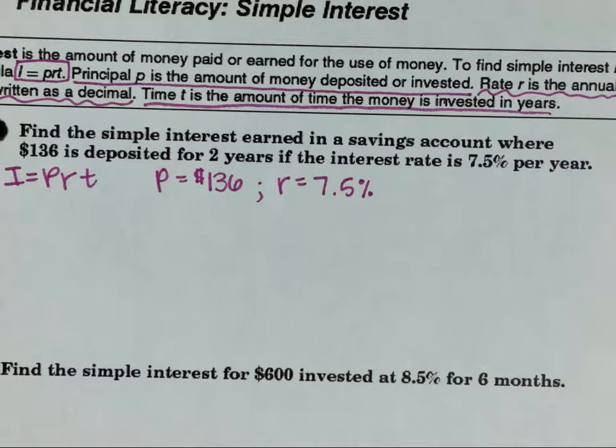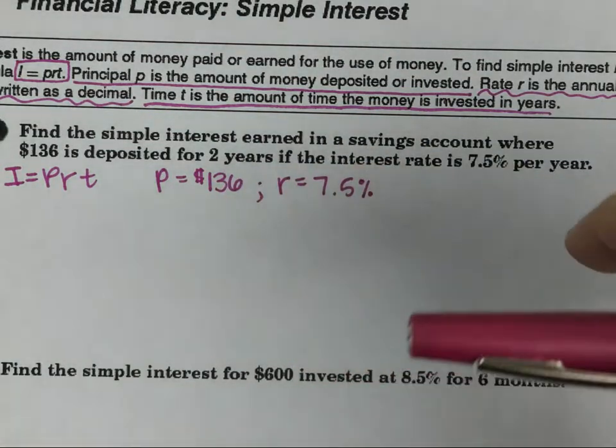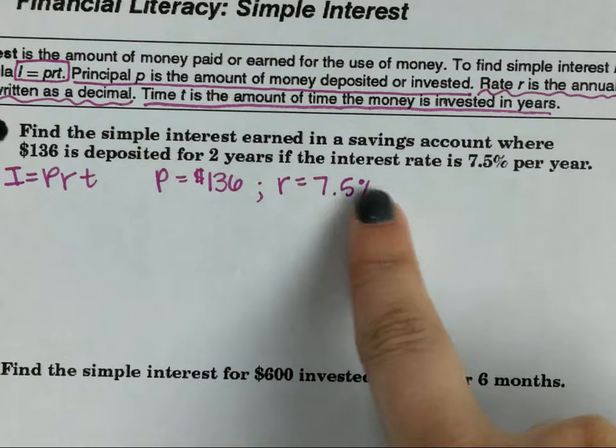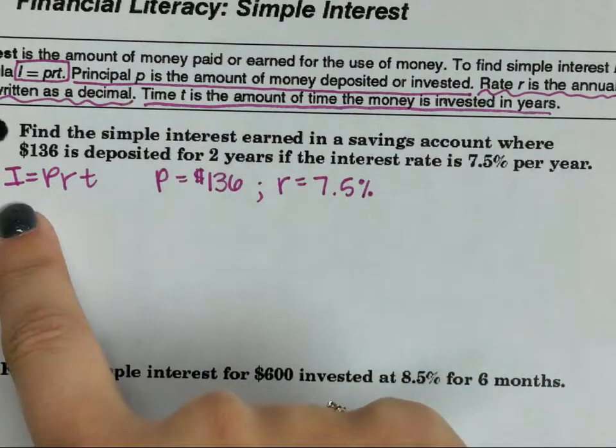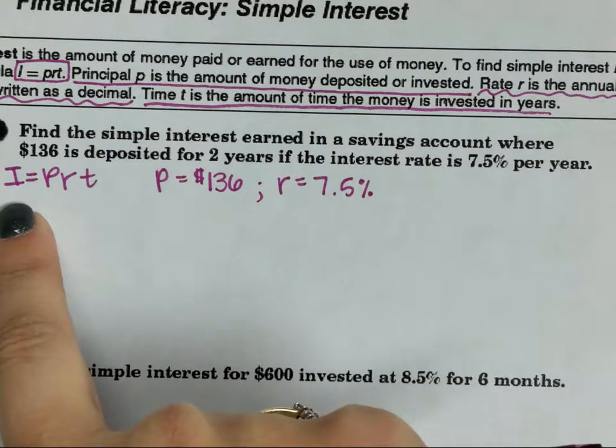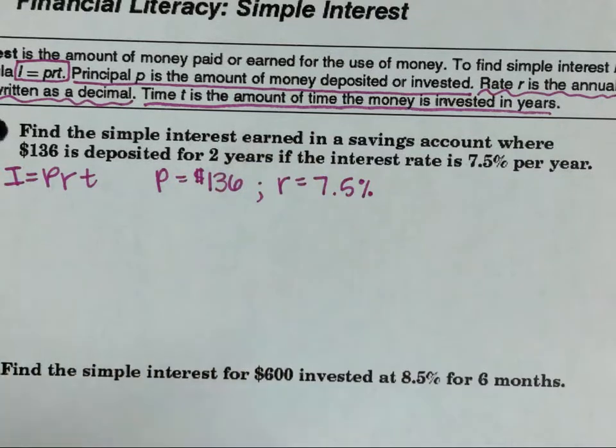You move that decimal place over to the right, or you multiply by 100. Here, we're doing the opposite because we're changing a percent into a decimal. So what's the opposite of multiply? Divide. So we can either divide by 100, or we can move that decimal point 2 places to the left.